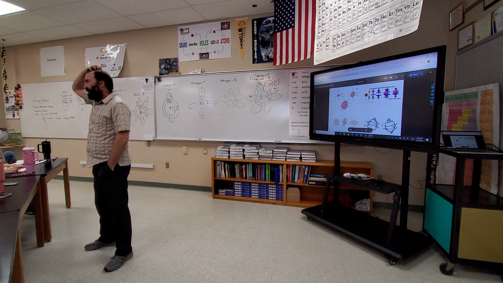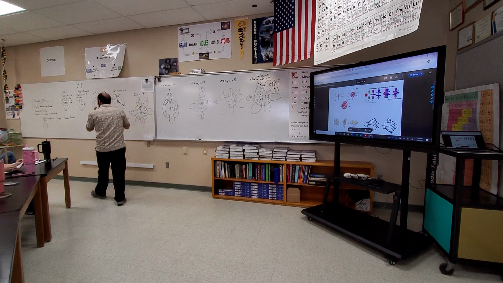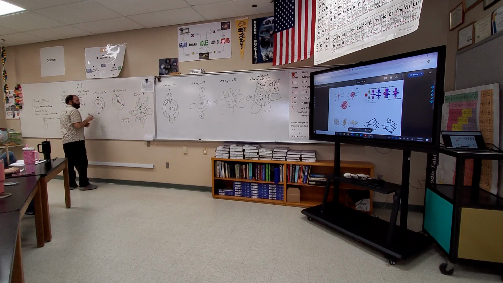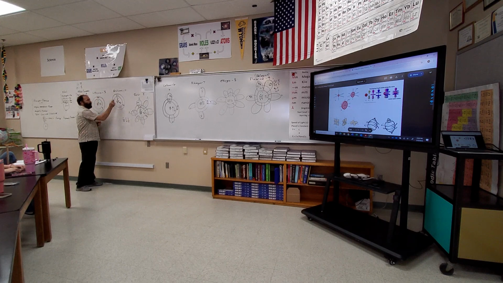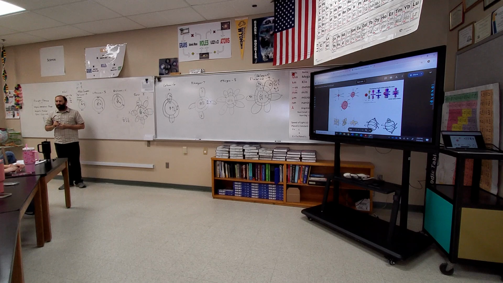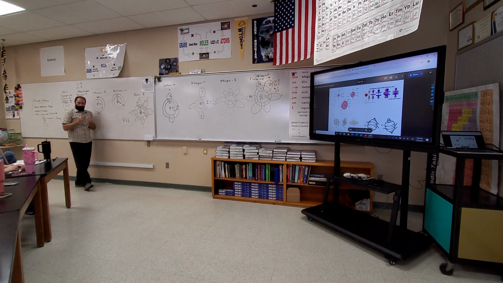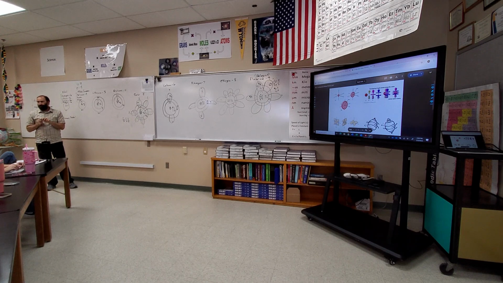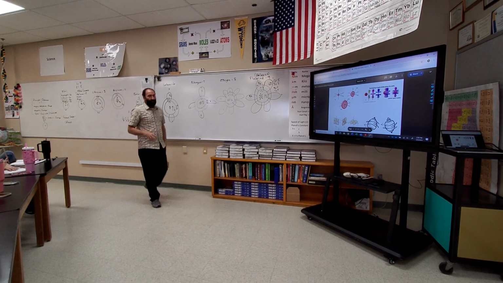A special name was given to the special electrons. When we get bigger and bigger, are the electrons on the inside going to be important? Notice we have some electrons on the inside and then some that are on the very outside. What do we call the electrons on the very outside? Valence electrons.